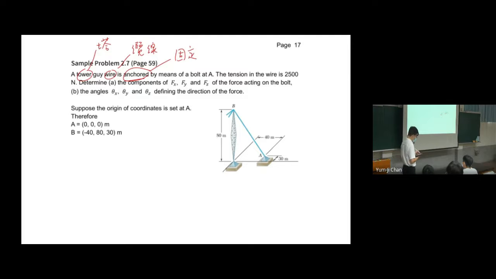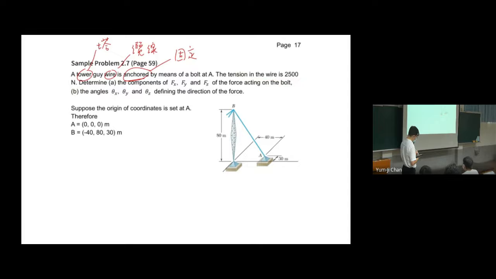So we have a tower, this one, and then this wire is anchored or fixed at A. The tension in the wire is 2,500 Newton.